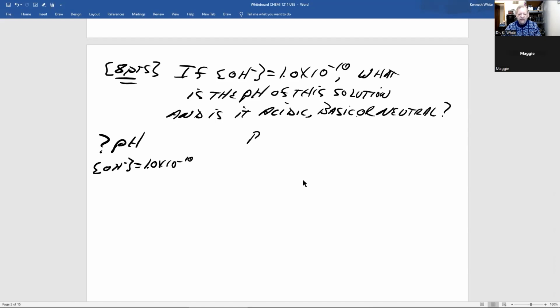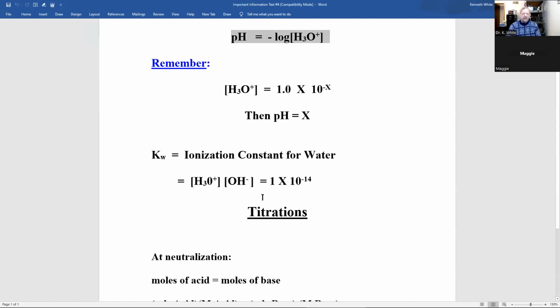But pH is equal to minus the log of the hydronium ion concentration. What am I to do? I don't have that. This is different from this. What do I do? Well, let's look at something you've already learned from me, and let's look at important information, test number 4. And here we have the ionization constant, Kw. Yay, no, it's not named after me, wish it was.